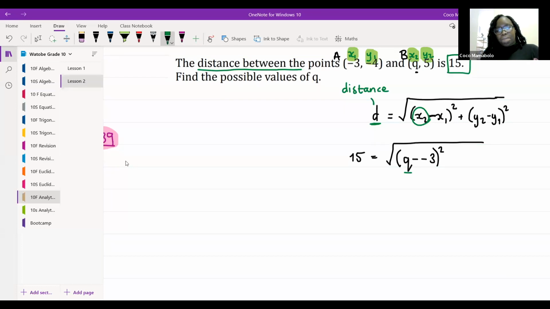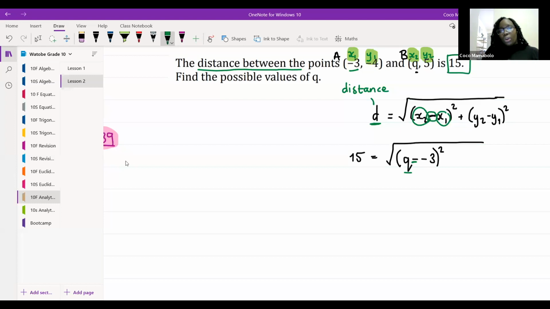And then the equation says minus, so I put a minus there. And then I need to put x1. What is x1? -3. Good. So I have q minus -3.